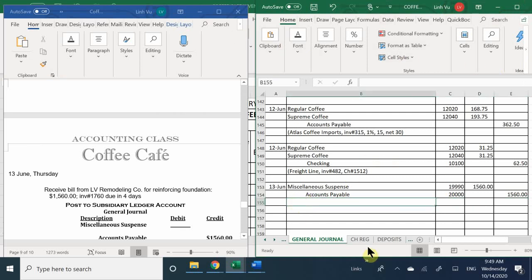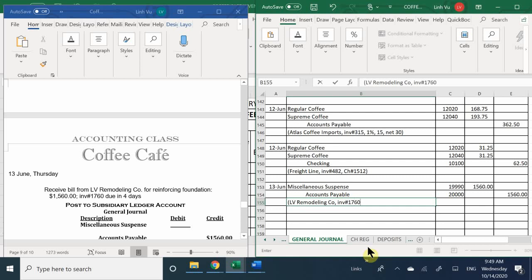So things I'm going to place in here: LV Remodeling, right? That's the company that we are dealing with. Was there an invoice number? Yes. Invoice number 1760.